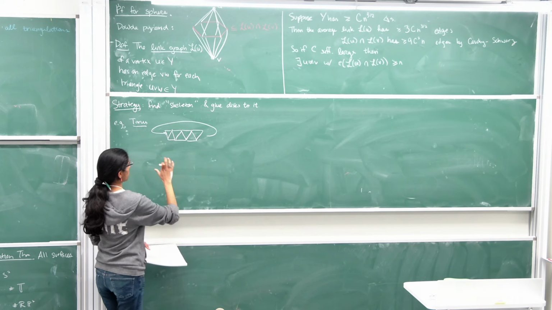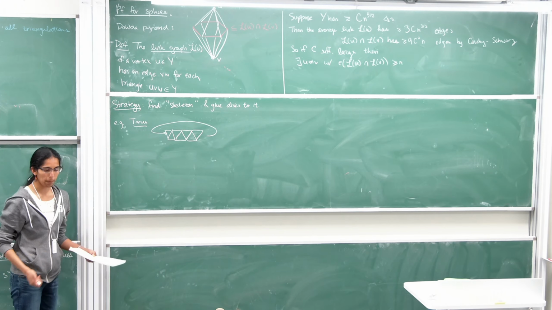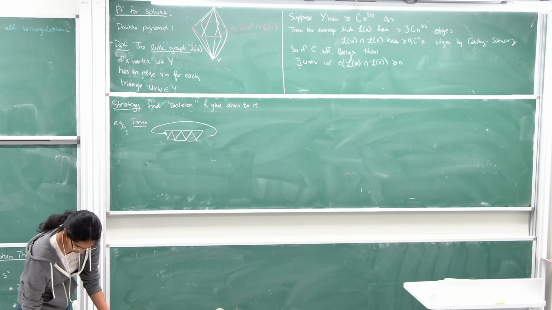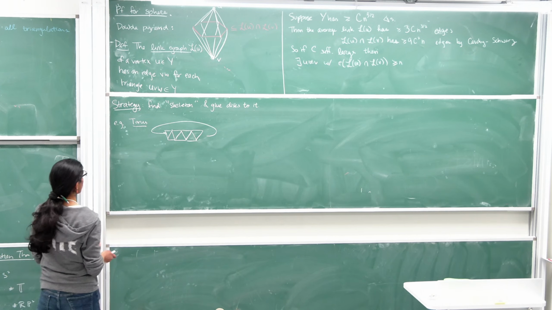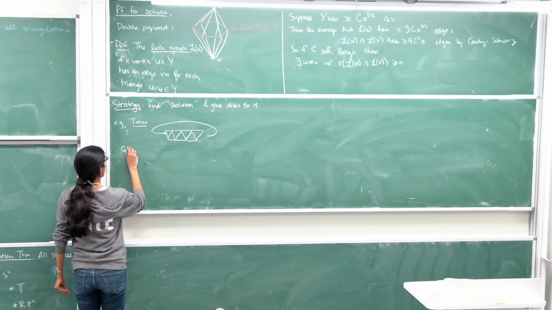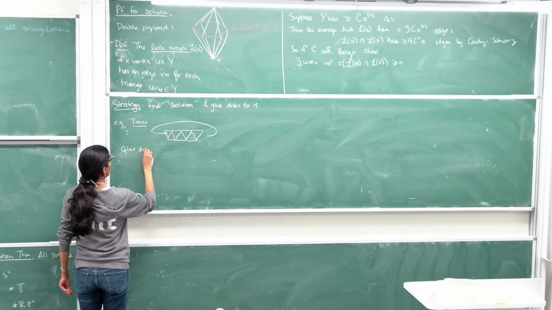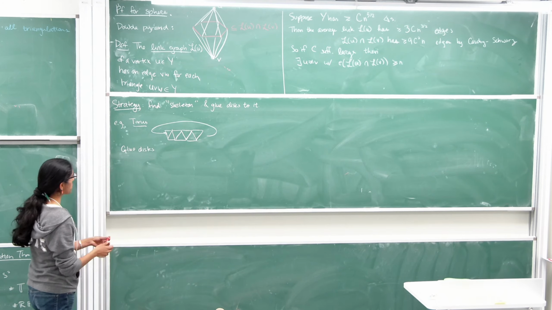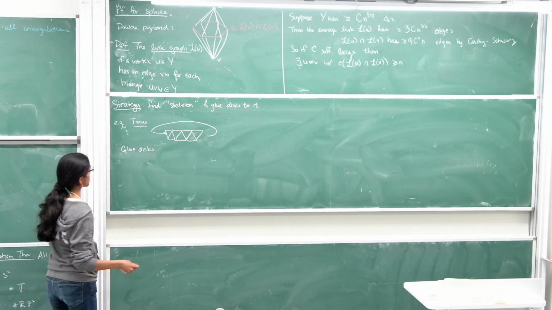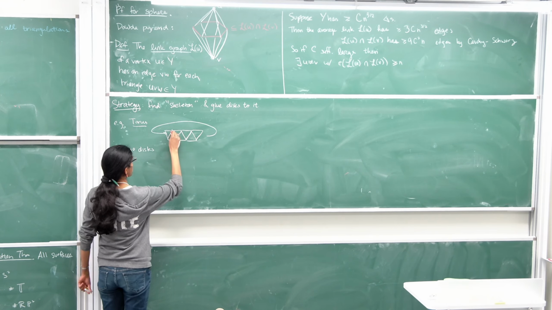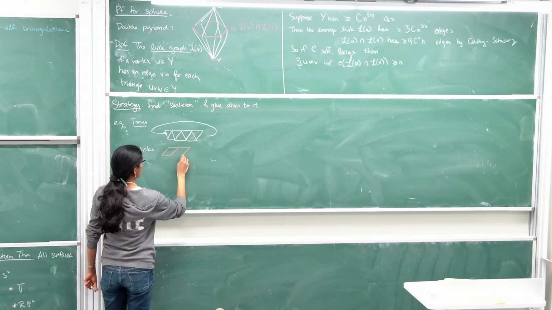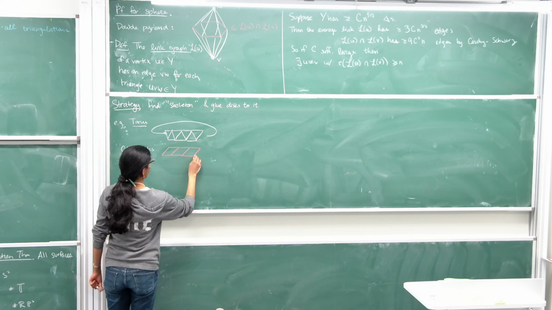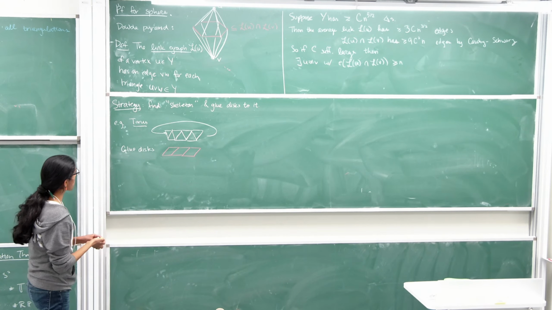So it's sort of like a strip. And then what we do is we glue disks to this thing. So we glue disks this way, and we glue disks this way.